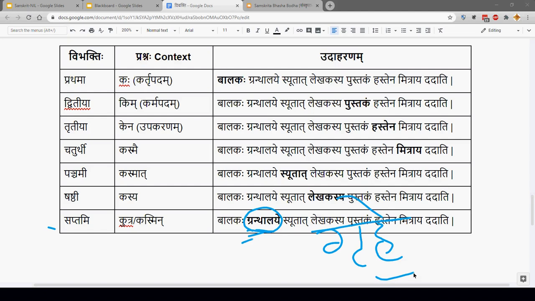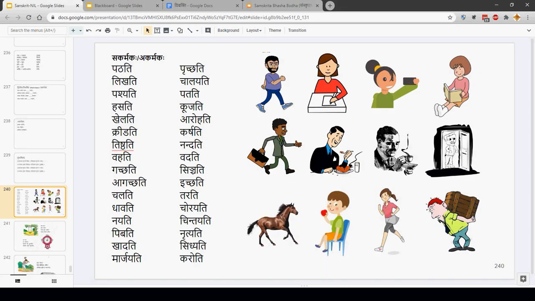Granthale is a masculine word, gruhe is a neuter word, but the seventh case endings are the same. So you can start building sentences like Balakaha gruhe kandukena khelati, kridati.